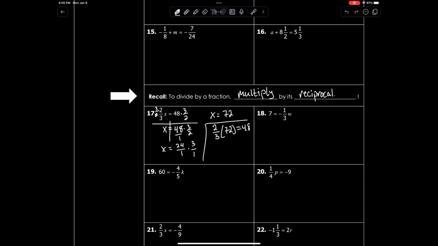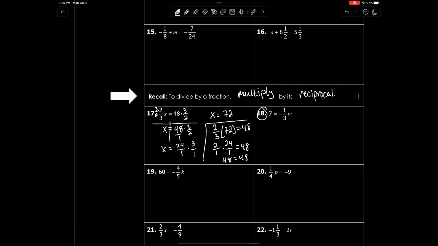That's 72 divided by that 3. You have 2 over, well, 3 divided by 3 is 1, and 72 divided by 3 is 24 over 1. So what we really end up with is 2 times 24, which is 48, and then 1 times 1 is 1. So we end up with 48 equals 48.